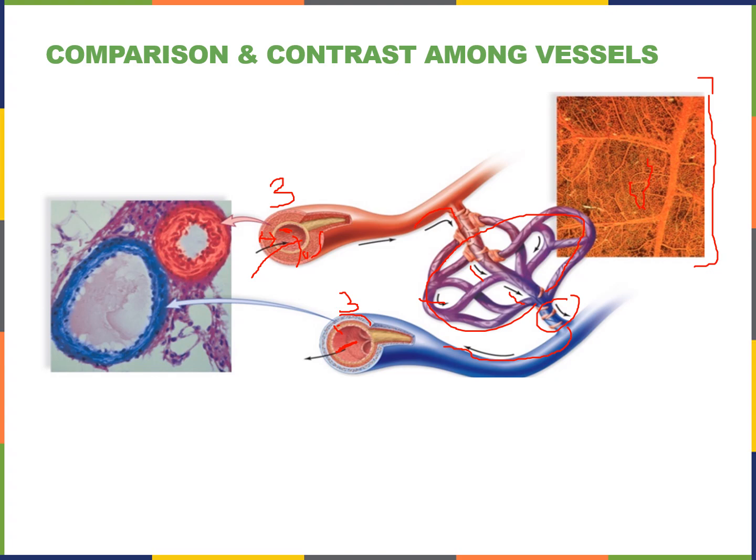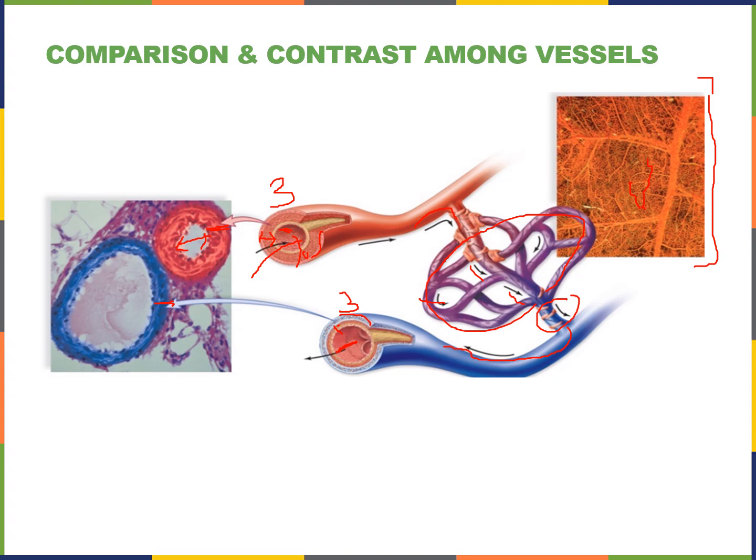So here is the artery. There you can appreciate the thick wall that helps it to withstand high blood pressure. And veins, since they don't have high blood pressure, they can survive with a thinner wall. The other important anatomical feature is the size of the lumen. This is the width of the lumen, the space through which blood will flow for an artery.